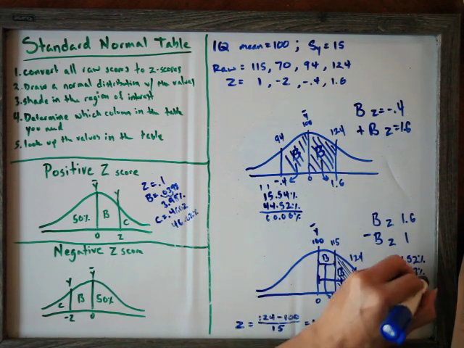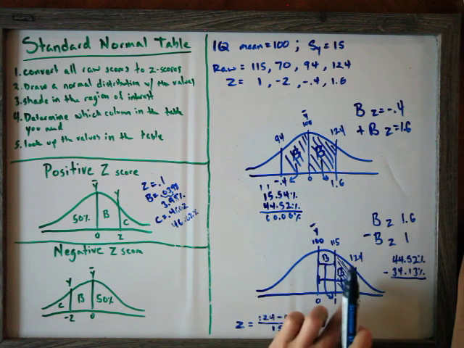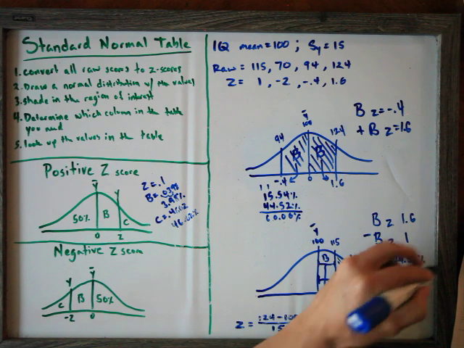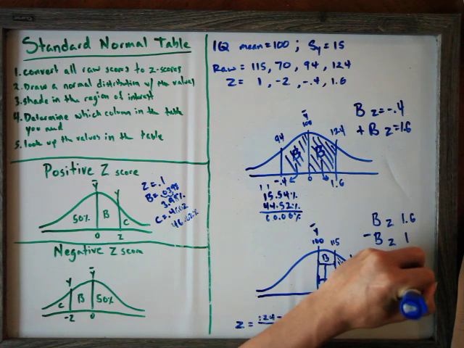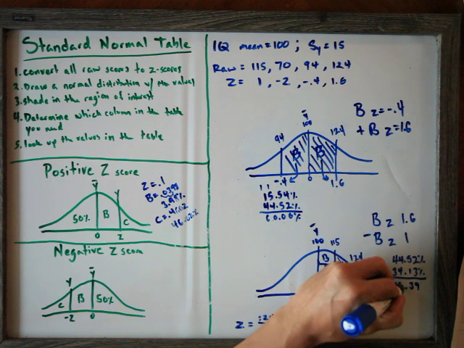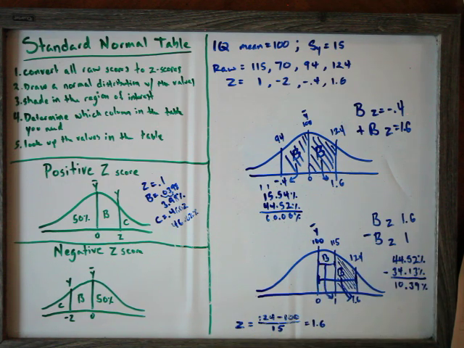Alright, so now to find this region, we subtract those two. And that's going to give us 10.39%, okay? So that's how to use the standard normal table to find values above a score, values below a score, and values between two scores. That's it. I hope this helps. Thank you.